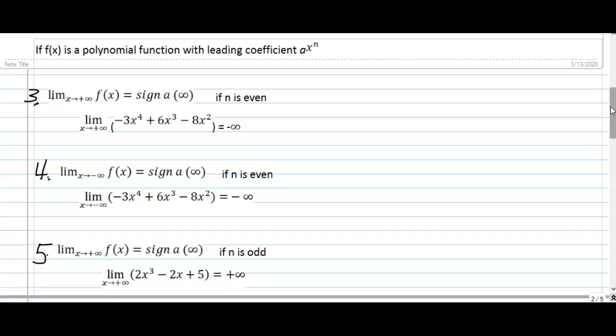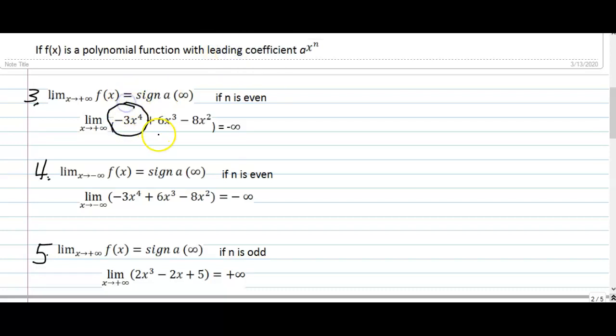So if we're looking at the limit of negative 3x to the 4th plus 6x cubed minus 8x squared, then the leading coefficient here would be minus 3x to the 4th, because that is the one that has the greatest exponential power.